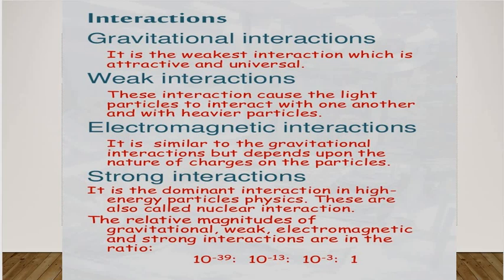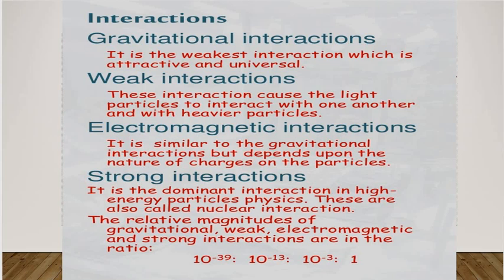I know you will be familiar with these interactions. I'm not going deeply into the interactions. The interactions are gravitational interactions, weak interactions, electromagnetic interactions, and strong interactions. അതിനൊരു കൂടുതൽ എക്സ്പ്ലനേഷൻ ആവശ്യമില്ല എന്ന് തോന്നുന്നു, because you will be familiar with that.